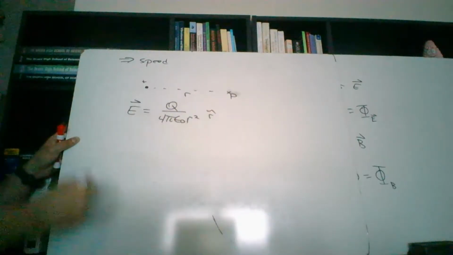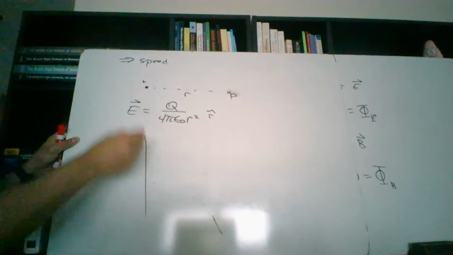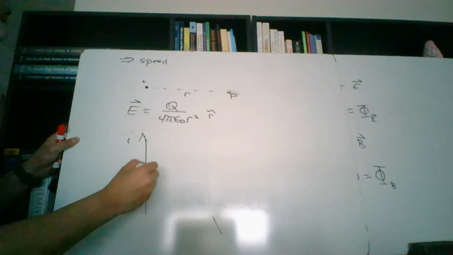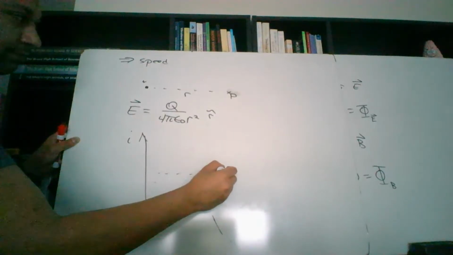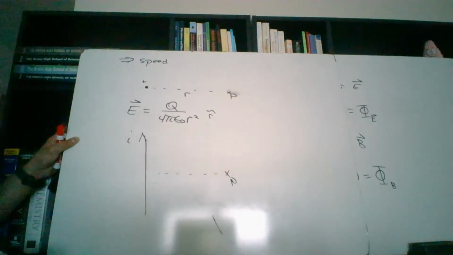Similarly, instead of a charge, let's say you had moving charge going straight up. So this is the current I, and then we have a point P here. And we want to know what the magnetic field at that point P is.